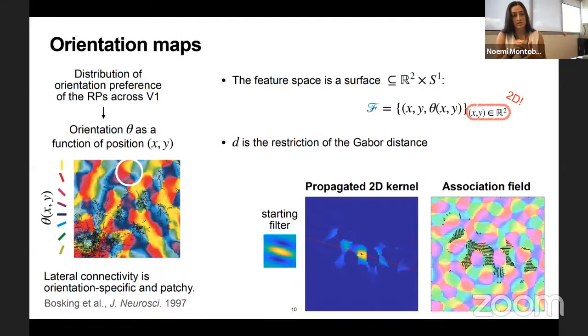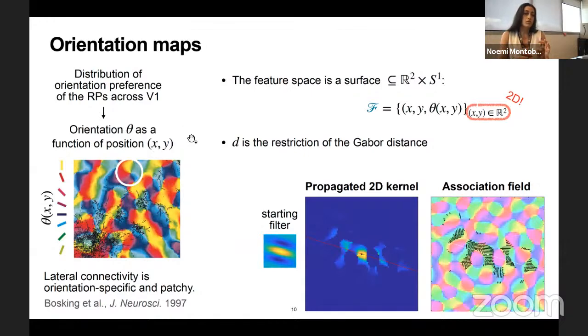And the hypercolumnar structure is actually collapsed onto a surface forming pinwheel arrangements. So this would mean that for each point XY, we just have one orientation theta at this resolution. And so in other terms, theta can be written as a function of XY.